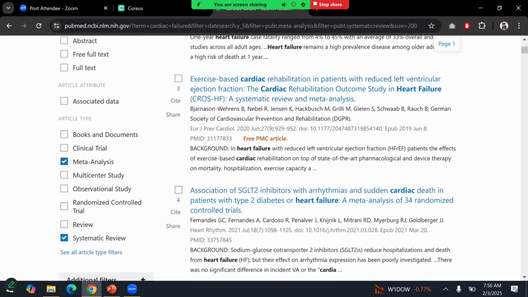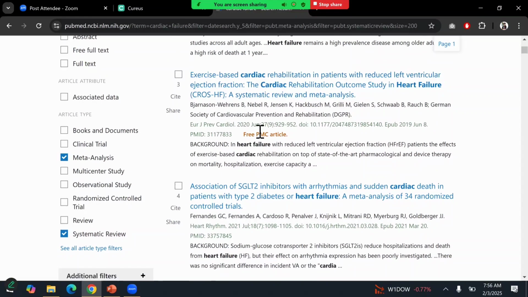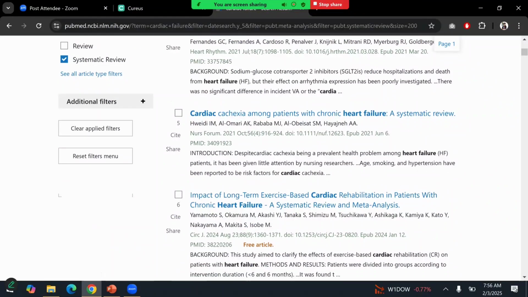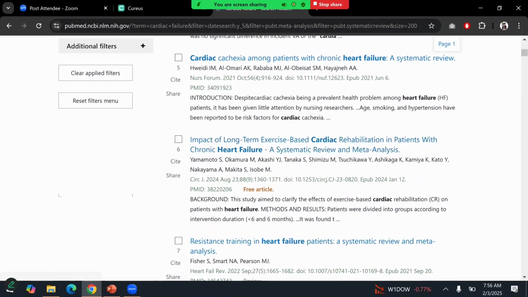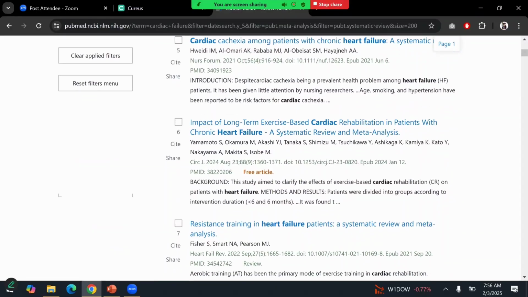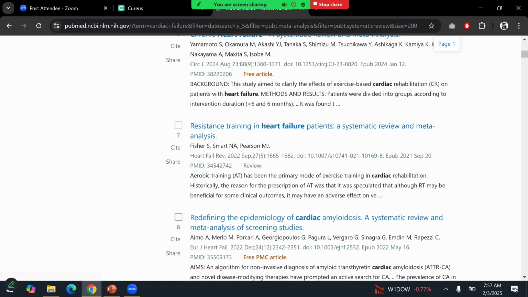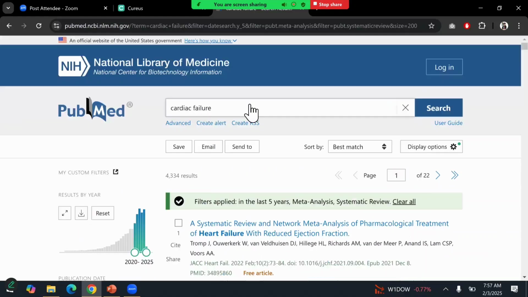So, what is the outcome? Similarly, resistance training in heart failure patients. It is also the combination of two concepts, heart failure patients and effect of resistance training. So these are the examples.